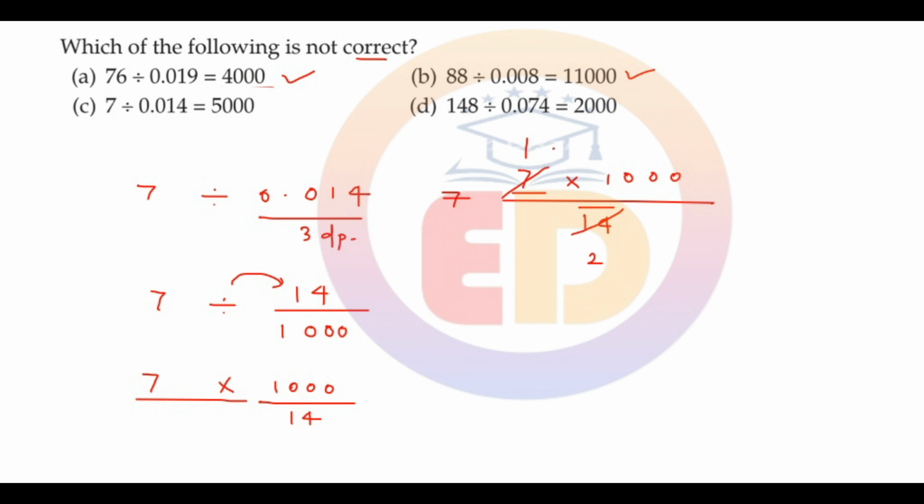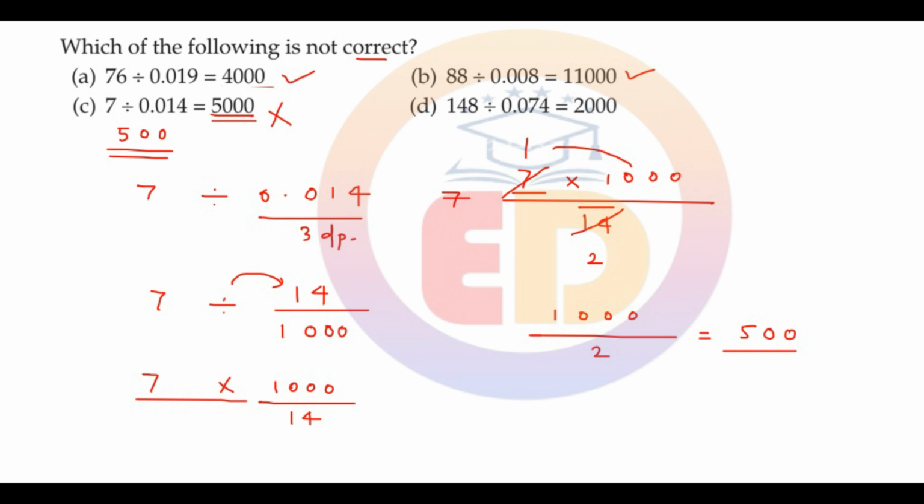In the numerator I have 1 into 1000, which is 1000. In the denominator I have 2. 1000 divided by 2 is 500. So option number C is giving me the answer as 500, but the option written here is 5000. So this is wrong, because our answer is 500.